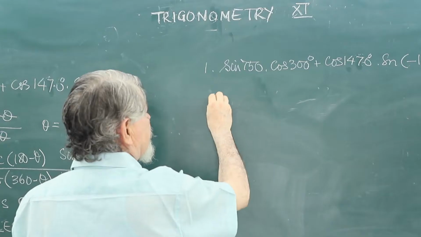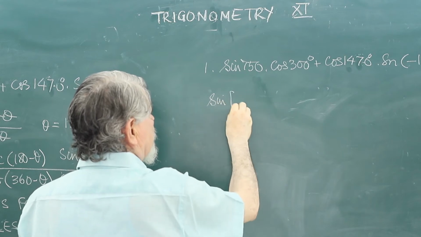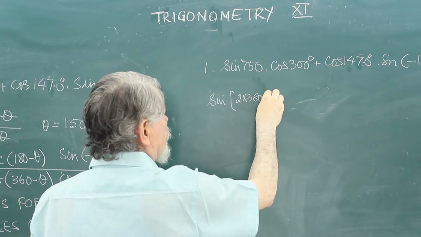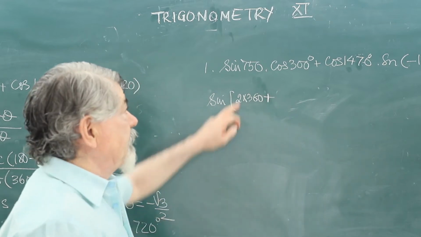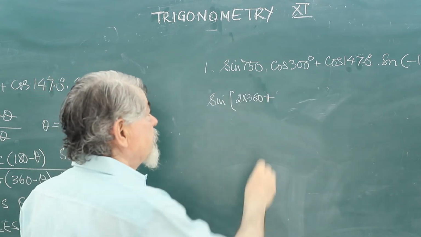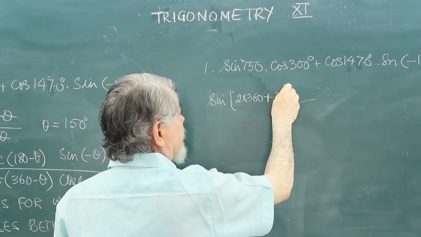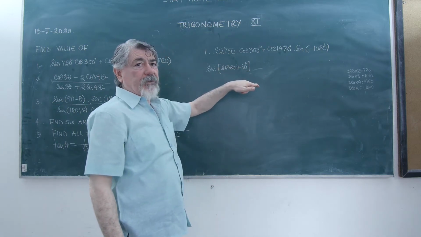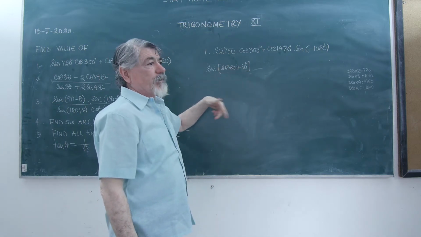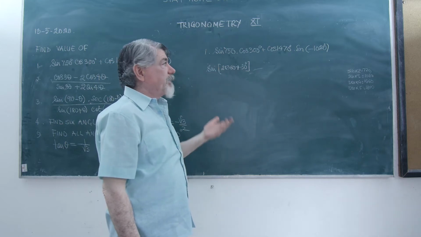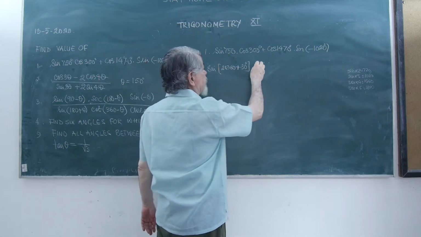I can write it as sine of 2 into 360, which is 720, and if I add 30 degree to it, it will become 750 degree. So we have converted it into a multiple of 360 because we know it will be repetitive, so we will be able to get the value.